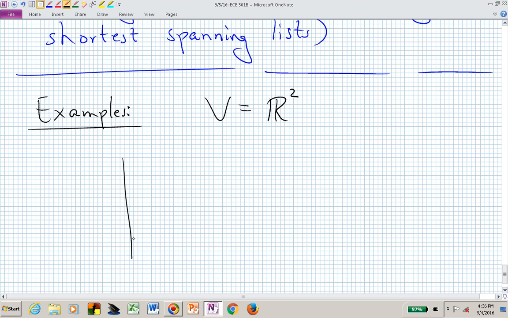Suppose now that we have this XY plane, and somebody hands us the following list of vectors.